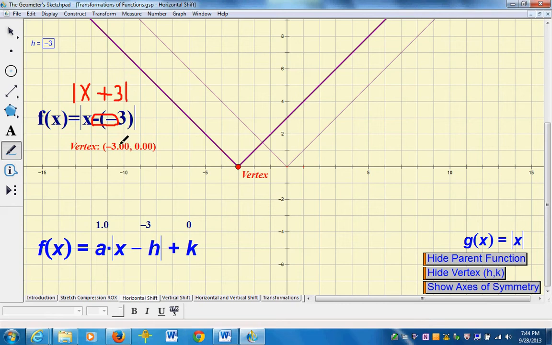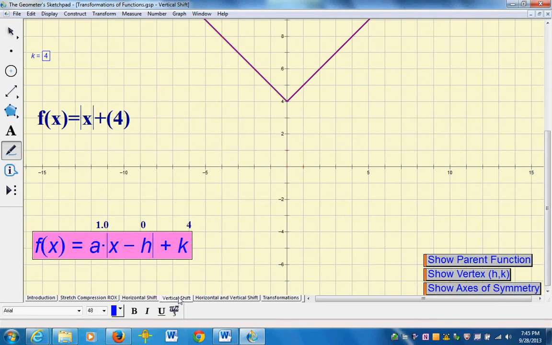But notice my vertex is at -3, but inside my function I have a positive 3 inside the absolute value. My a is staying 1, and I don't have a k. My k is 0 right now. It's been staying 0. So let's see what k does.